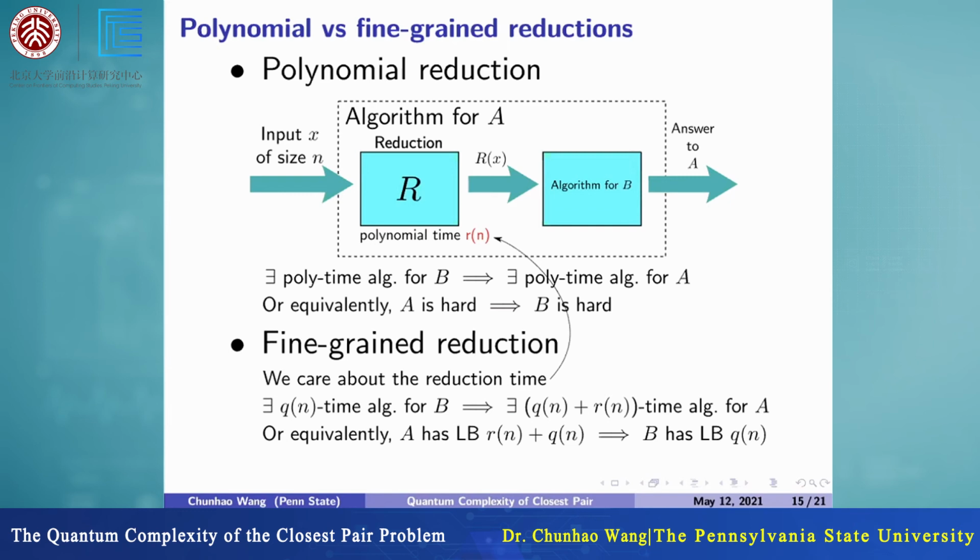So we use this fine-grained reduction to prove fine-grained lower bounds. For example, for this lower bound, we can use the SETH.